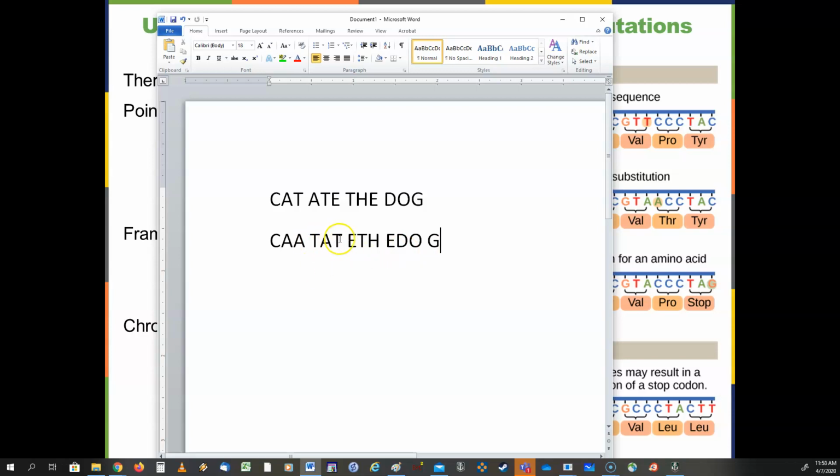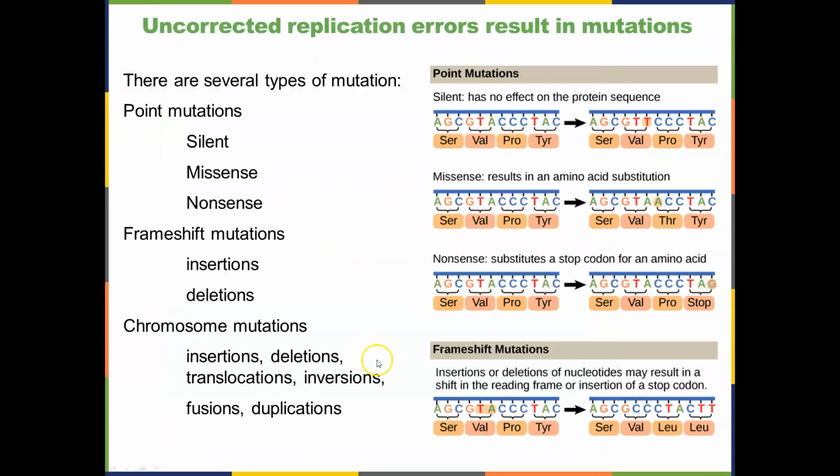It either codes for an amino acid, start, or a stop codon. They all have meanings, but they may not have useful meanings. These could be words in some other language, but they don't have anything to do with our English sentence up here. So that's an example of a frame shift mutation. These are usually quite deleterious, which is a fancy way of saying bad in a genetic sense.